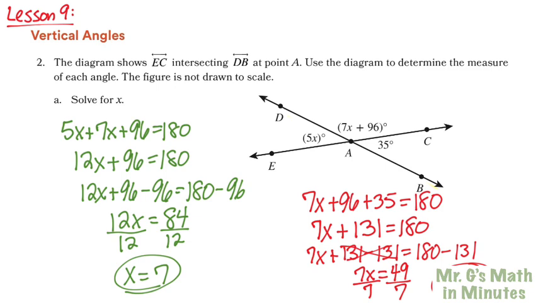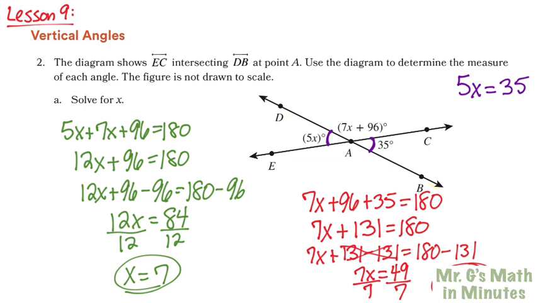But what I do see here is that I have 2 lines that intersect or cross, so that means that we have vertical or opposite angles right here. So 5x and 35 are opposite angles, which means that they are equal to each other. So another equation that I could write, because I know that relationship, is simply 5x is equal to 35.